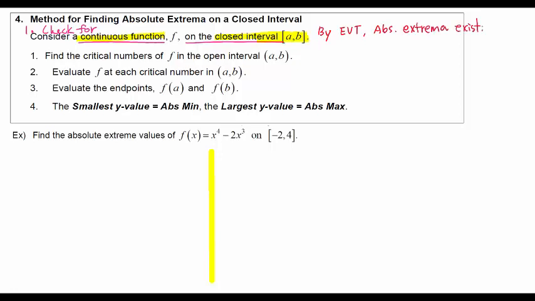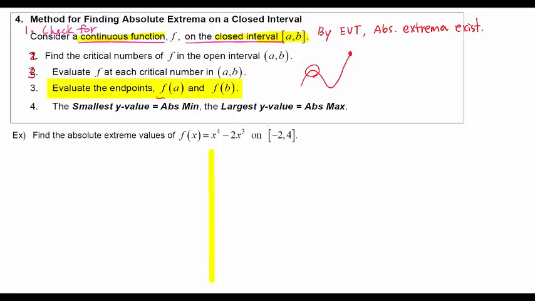And then you can do the second step here, find the critical numbers of f, because all relative maximum and relative minimum happen at a critical number. So you're going to find all critical numbers and evaluate the function value at each critical number. Because you saw earlier, I could have a graph like that. So even if you have a relative maximum, I could have the absolute maximum happening at the endpoint.